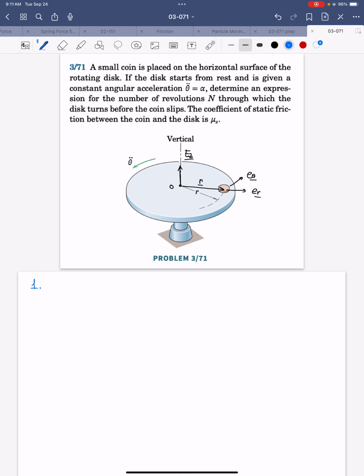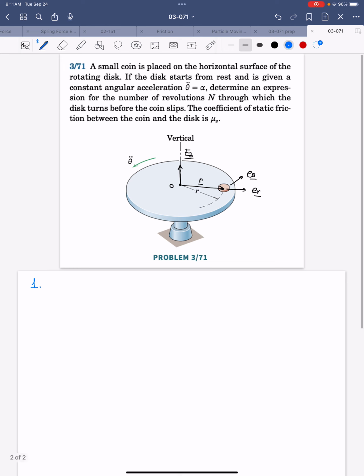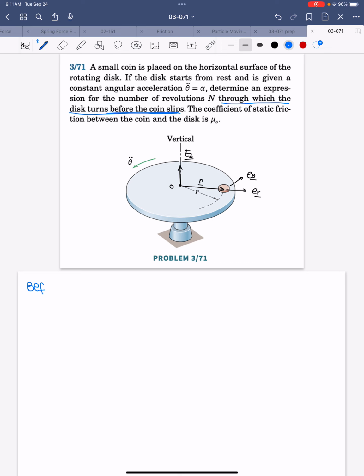Okay, so we're going to start with the 4 steps, but before we do, let us note that we're looking at the particle when it's still sticking to the surface. The problem asks for the number of revolutions n through which the disk turns before the coin slips. So before the coin slips, the coin is stuck to the table.